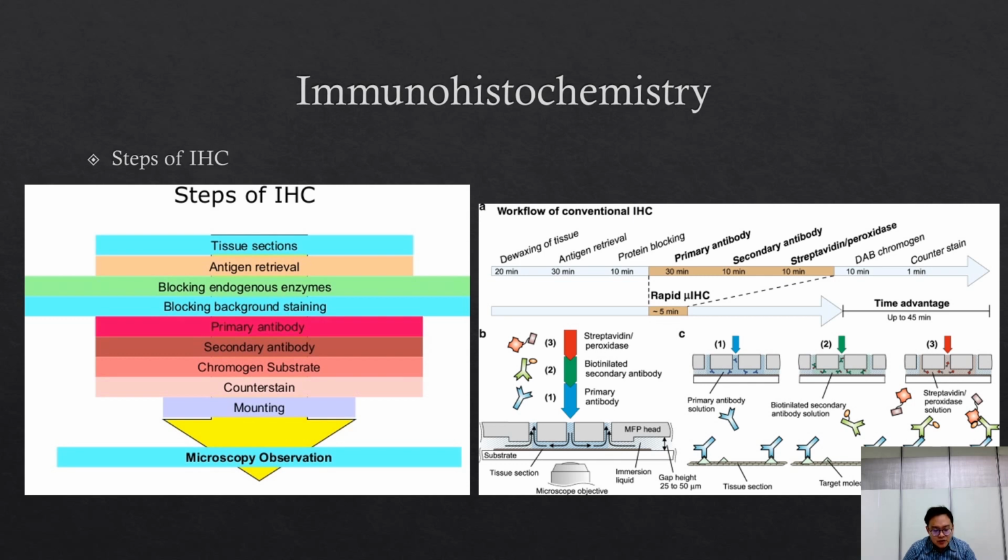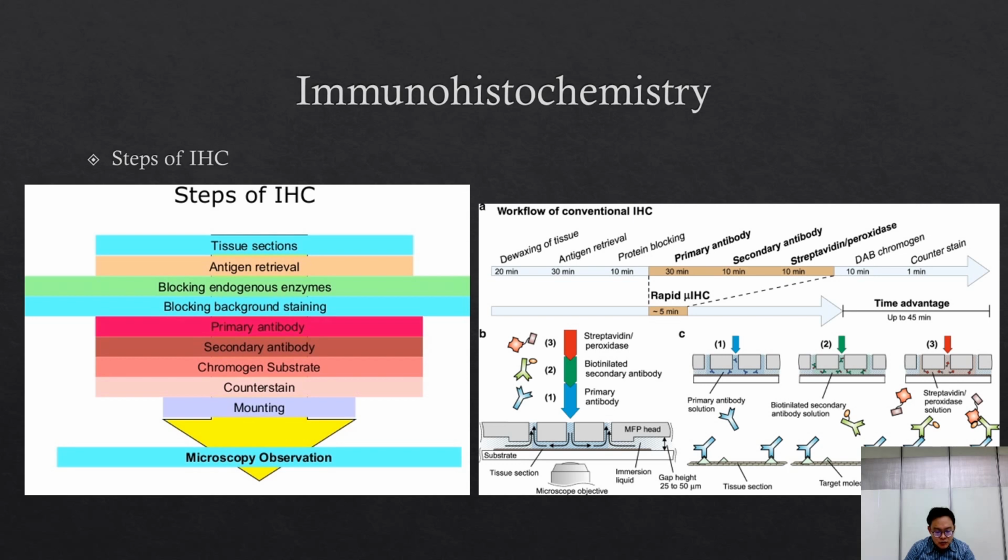Okay, there are a few steps in IHC. Phase 1 starts with sampling the target lesion, followed by tissue fixation, trimming, embedding, and tissue sectioning, which are the same steps I mentioned earlier in the tissue processing.